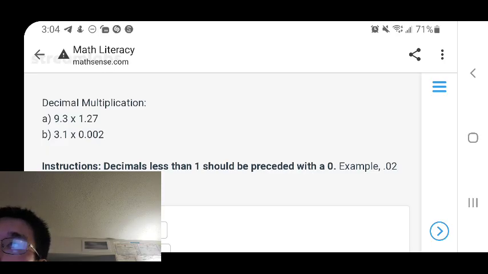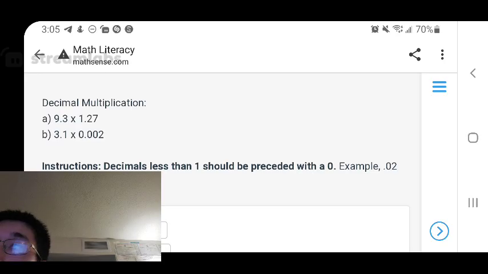So part B is less than 1 for sure. I'll do 0.002 this way. Times 3.1. Oh yeah, that's easier. 0.002. And then 6. 0.0003 zeros. If that's 4 decimal places.